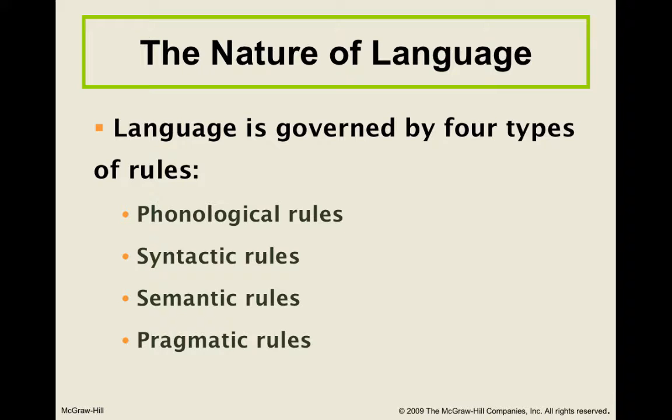Then there are semantic rules. Semantics have to do with the meanings of individual words. Now, most words have more than one meaning, so if you look up a word in the dictionary, you're probably going to see more than one meaning attached to the word, but semantics has to do with the individual meanings of individual words. Pragmatic rules, on the other hand, are the meanings of words in context.